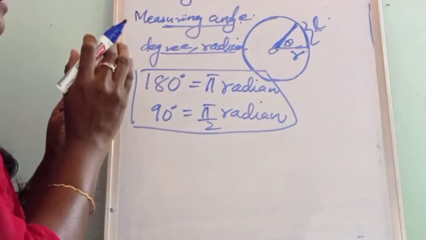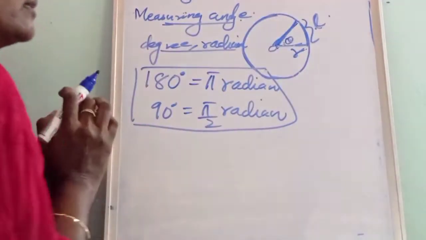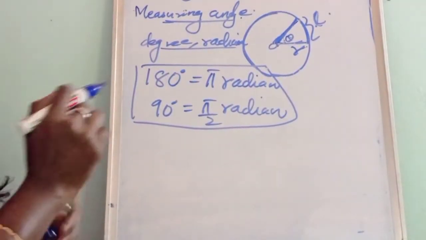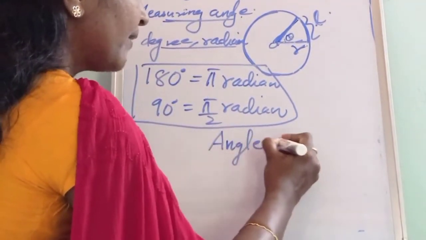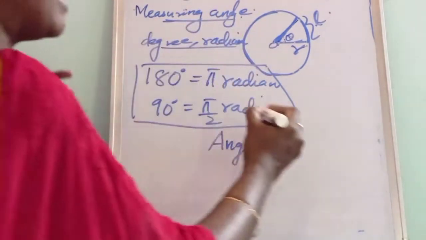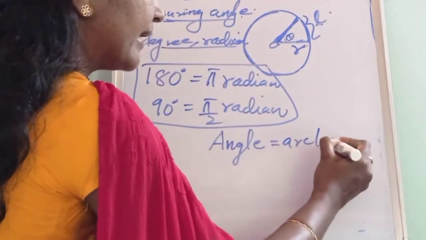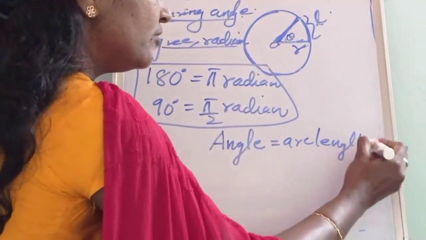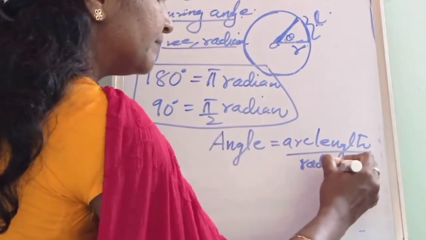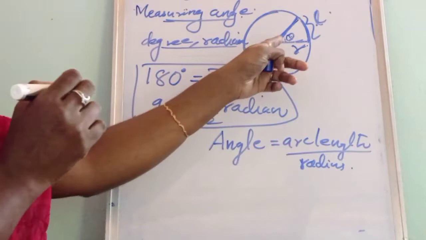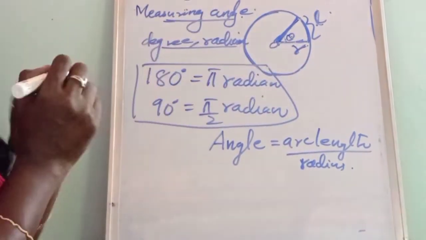Then we can connect these three things by an equation: angle is equal to arc length divided by radius.